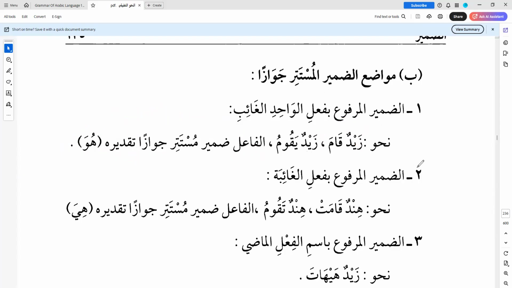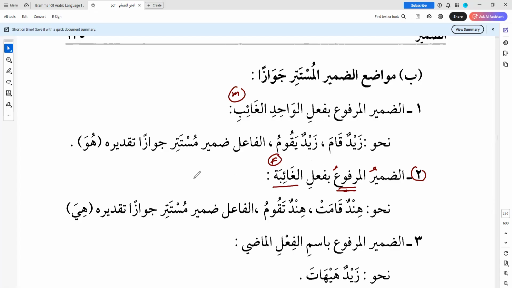And the second instance is الضمير المرفوع بفعل غائبة. Now compare غائب masculine, غائبة feminine. So this time the ضمير must be مرفوع, بفعل, but it must be غائبة.